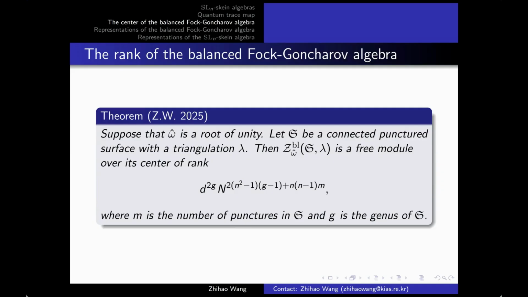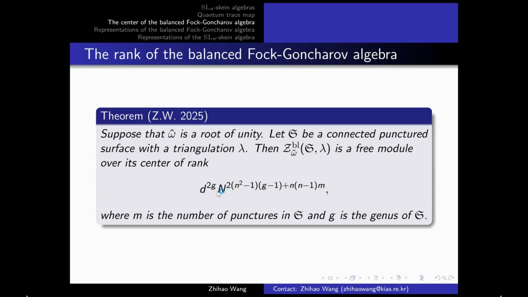Can I ask you? Sure. In the case of genus one, what happens? You mean if it is genus one, what is this dimension? Yeah. If it is genus one, then it is just D square, and then times N to the power of n times n minus 1 times m.